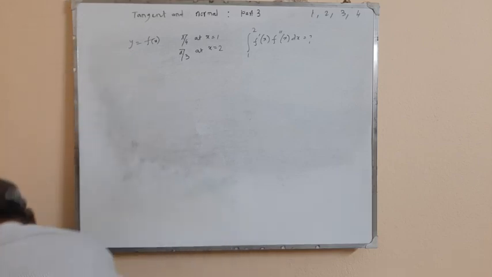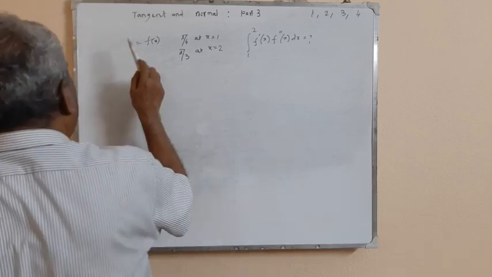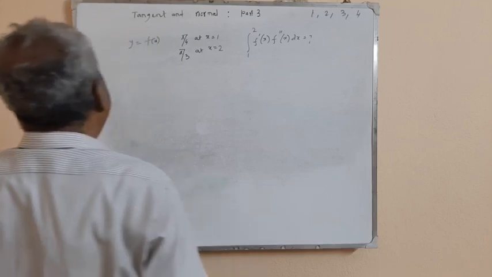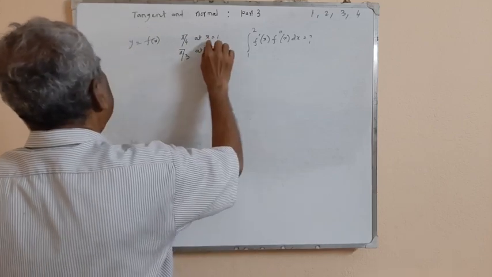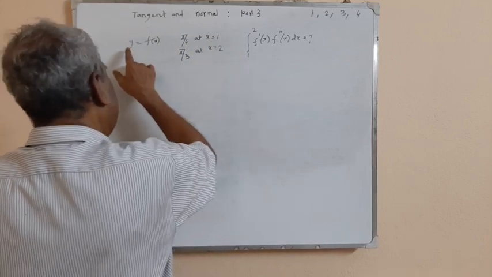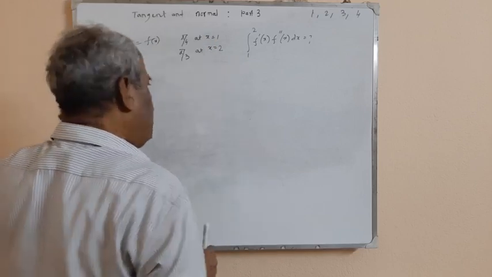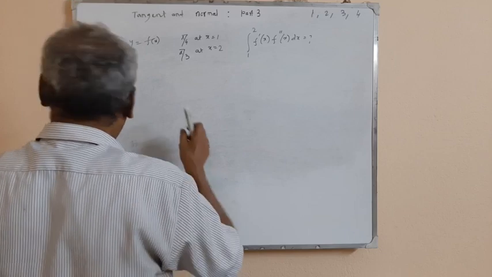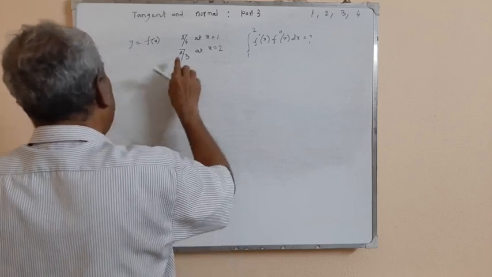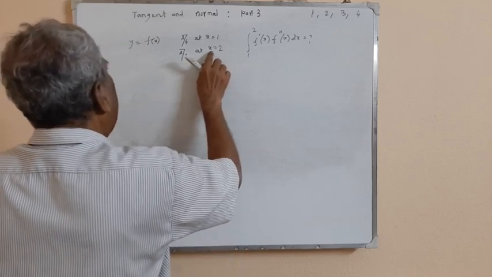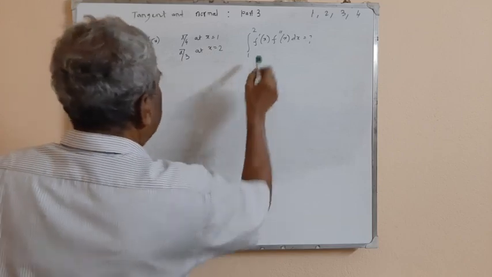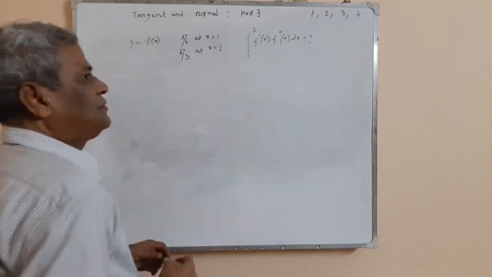y is equal to f(x) is a given curve, and it is given that at the point x is equal to 1, its tangent makes an angle pi by 4, and at x is equal to 2, the tangent makes an angle pi by 3.